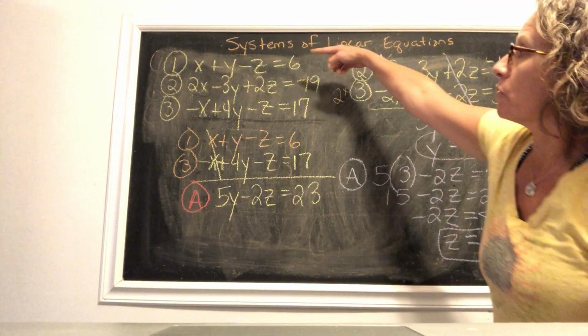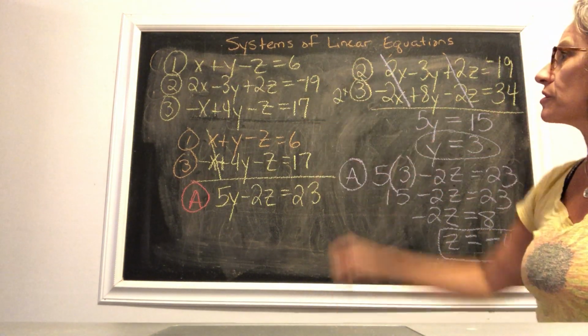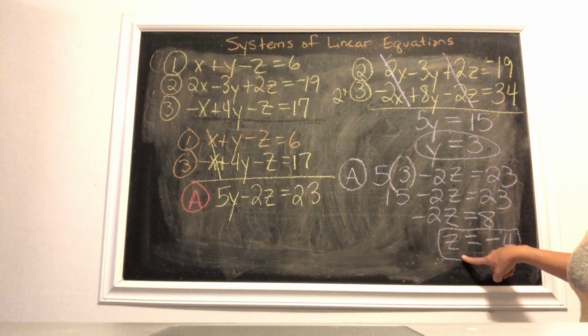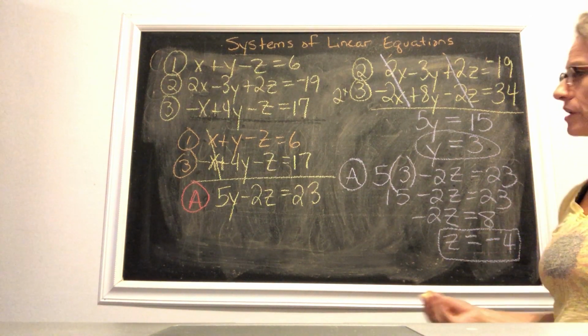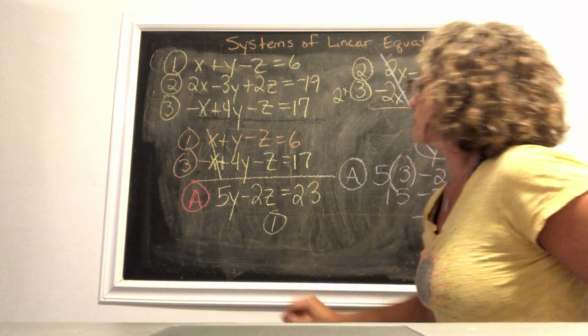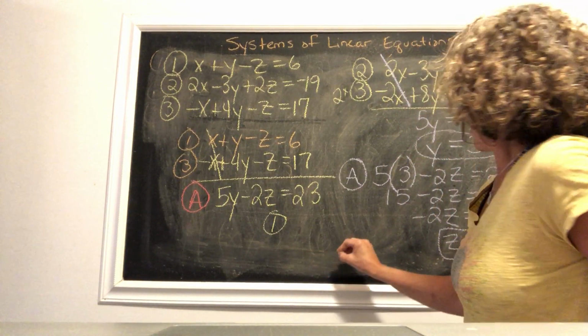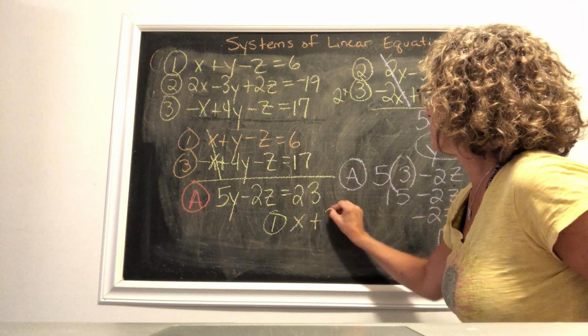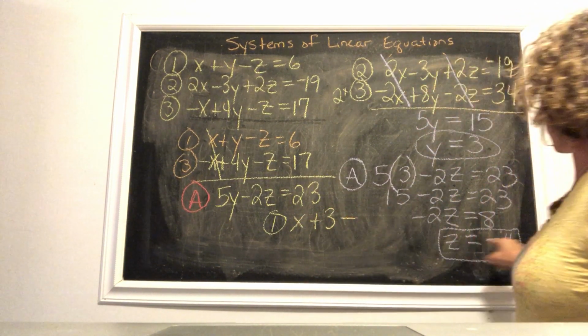So I go back to one of my 3 original equations, and I'm going to plug in the y and the z in order to solve for x. And it looks like the first one is probably the easiest of the 3. We'll squeeze this in here. Equation 1, I'm looking for x. My y is 3. My z is negative 4.